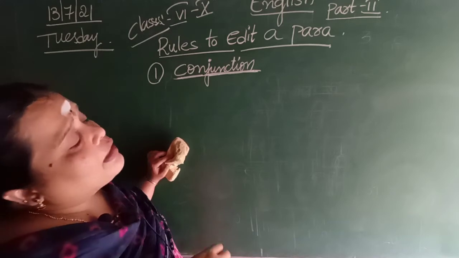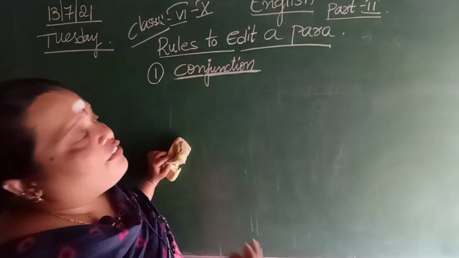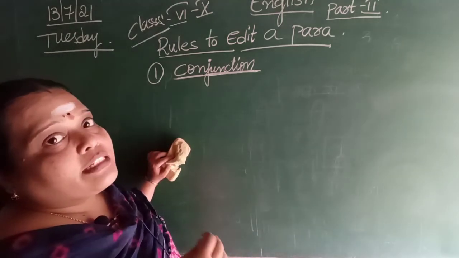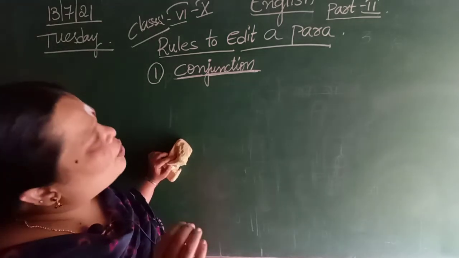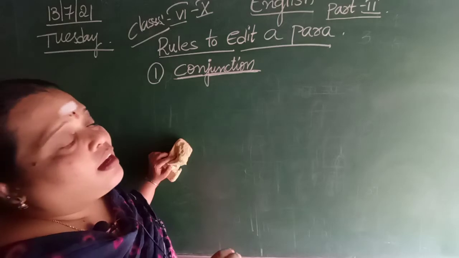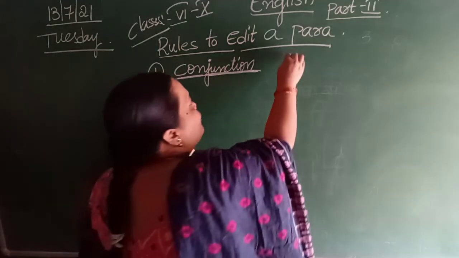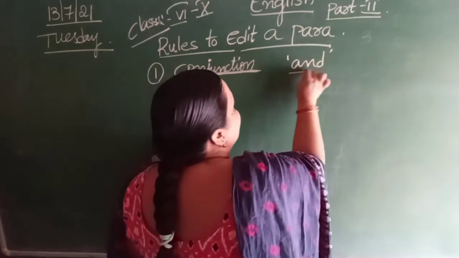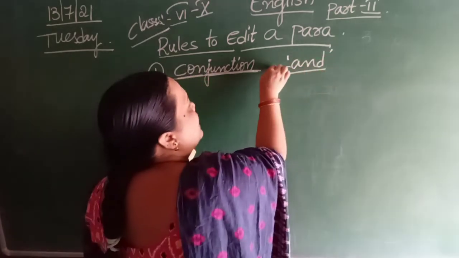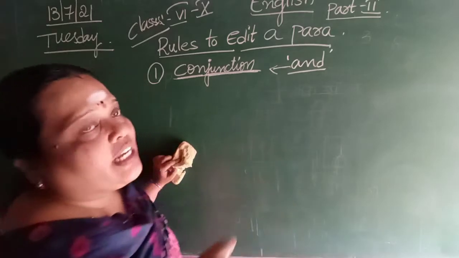So in order to connect sentences, we will be using and, but, as, like that. Mostly in the exam, what they do is they give questions on the word and. They just check this word and. And comes under conjunction.